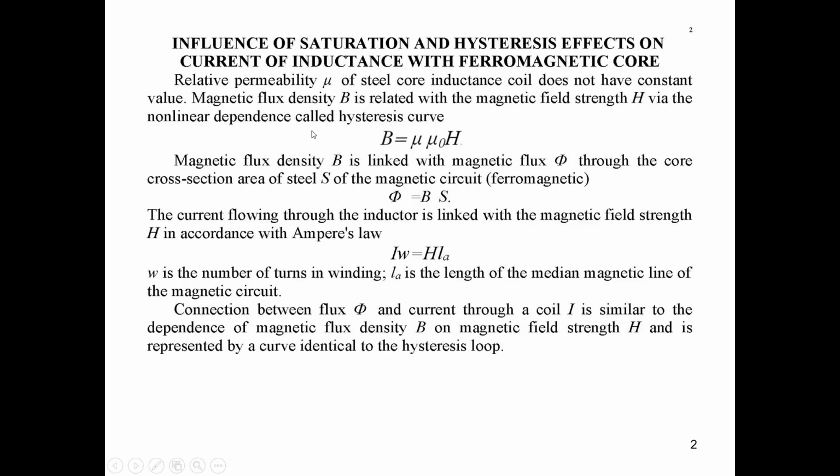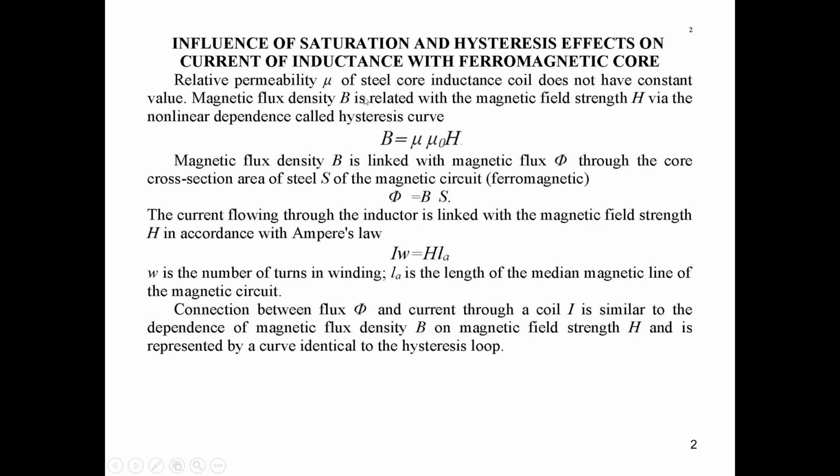So, sorry. The relative magnetic permeability, mu, in ferromagnetic cores of transformers does not have a constant value.